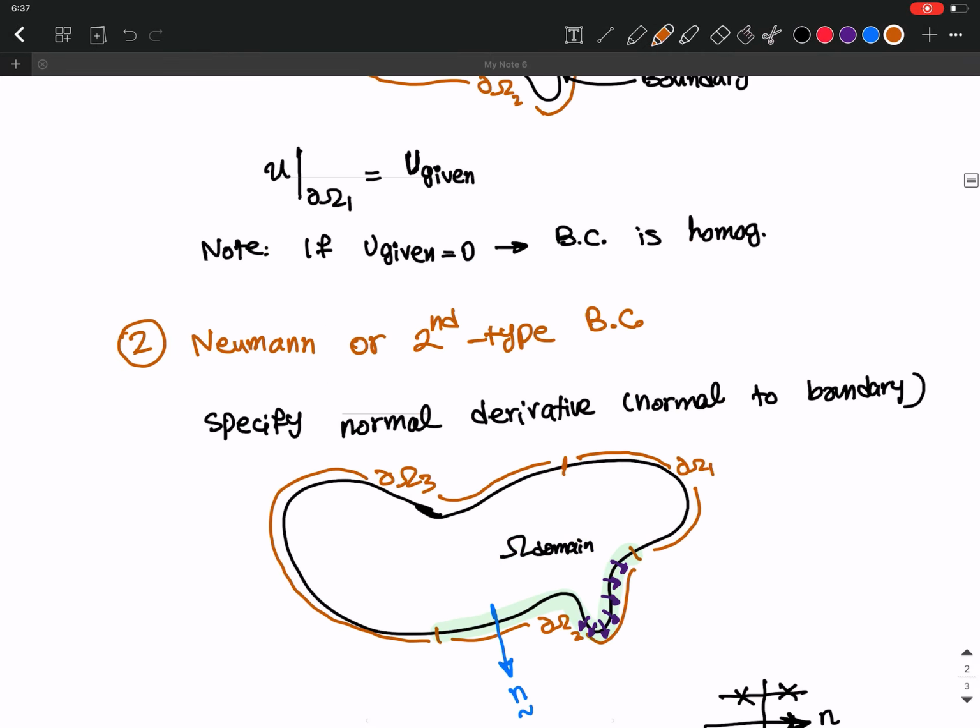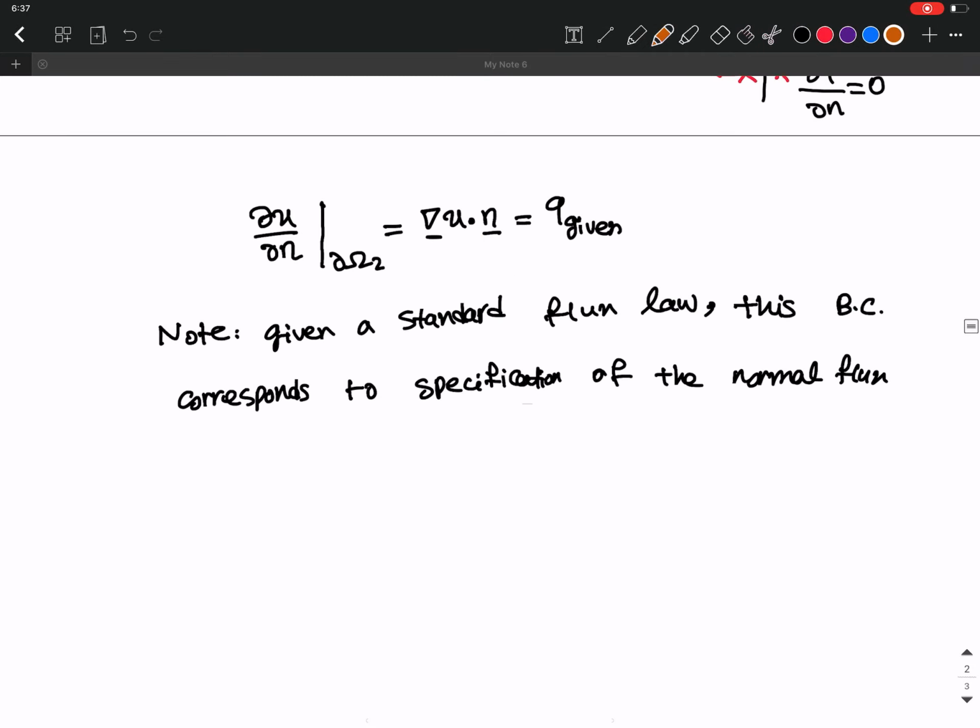And then the third one is a combination of these two. This is what we call the radiation or third type boundary condition.